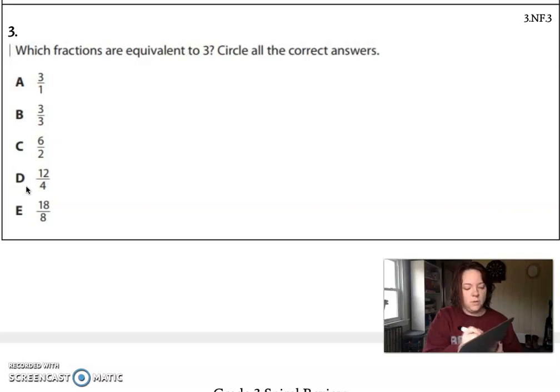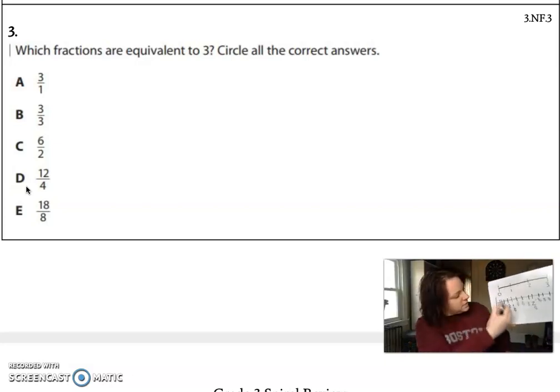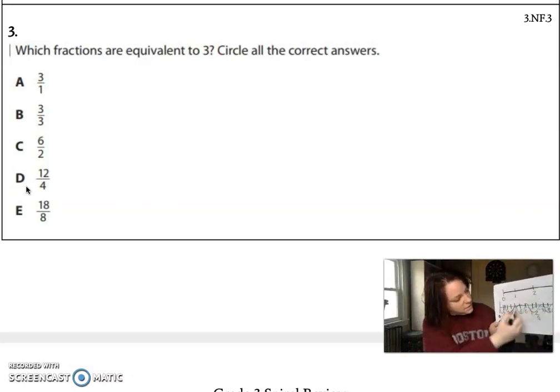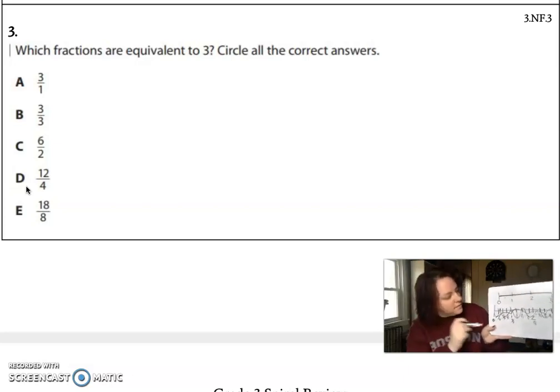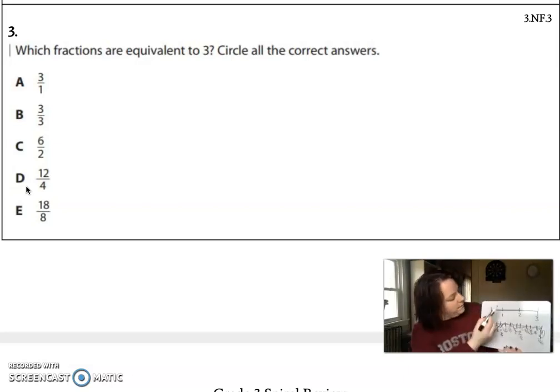0, 1, 2, 3. Okay, now I'm done with this number line, so we're not looking at that number line. Now we're looking at the top. So it's in halves.